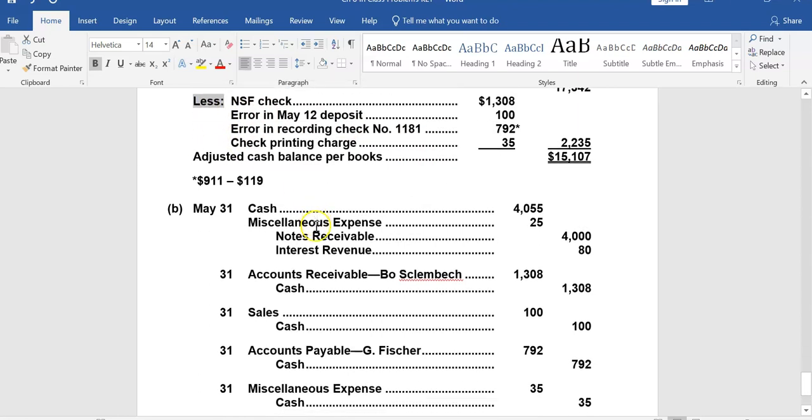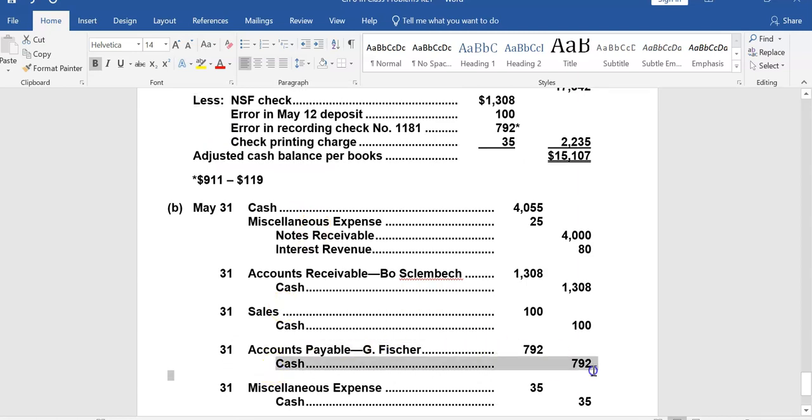So we know we're subtracting cash. So we're decreasing cash $792. And we also need to decrease our liabilities by $792. Because when we first recorded that payment, we only recorded it for $119, and it should have been a lot more. So we need to correct it by fully decreasing accounts payable and crediting cash.